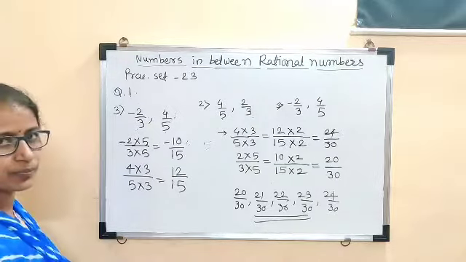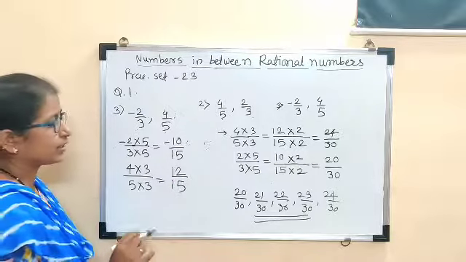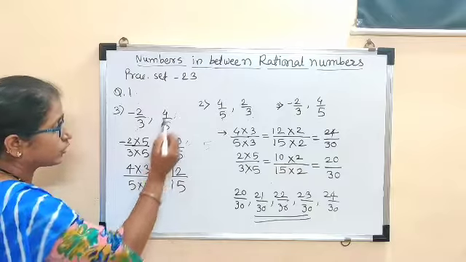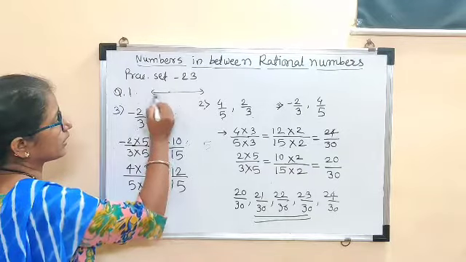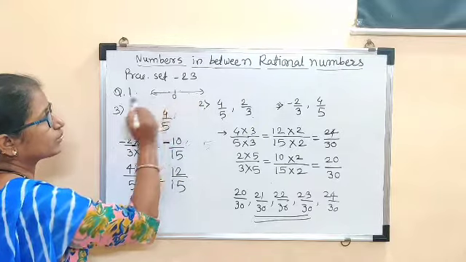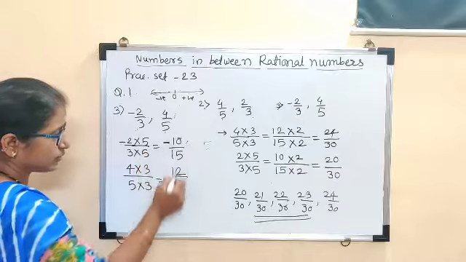Denominators are same. Now don't think that between 10 and 12 only 11 is there. No, it is negative. Negative means this is your number line and 0. Positive will be this side and negative will be this side. So there are many rational numbers in between these two.